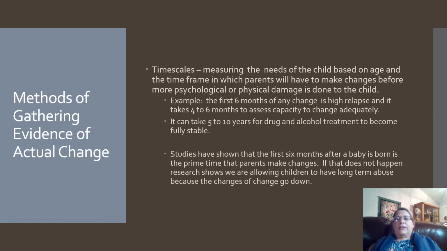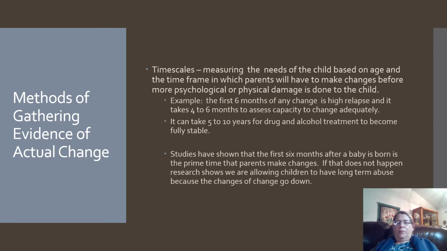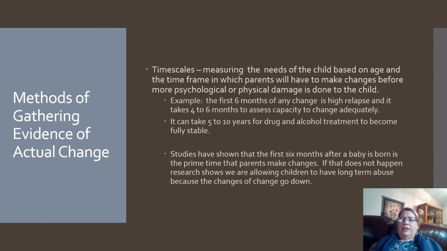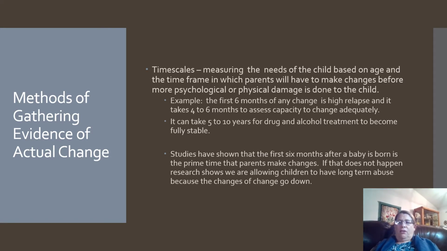So what this basically boils down to is you look at the age of the child, and then you look at the severity of the parent's problems, and you try to determine if, based on the parent's problems and the amount of time that it takes to get those fixed, should the child be left in limbo or left in the home in a dangerous situation for that long, or should they be removed? And if they're going to be removed, is it fair to remove them and not give them permanency planning because you didn't jump on the change process quickly enough?